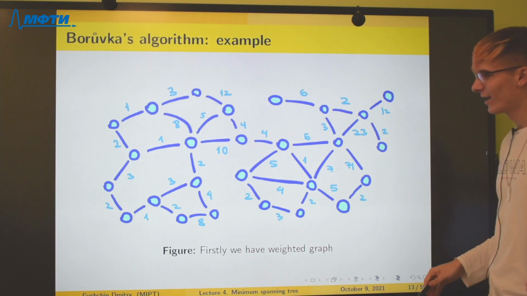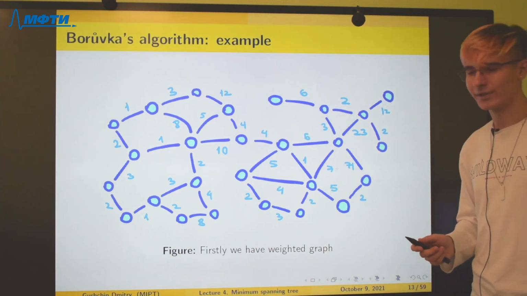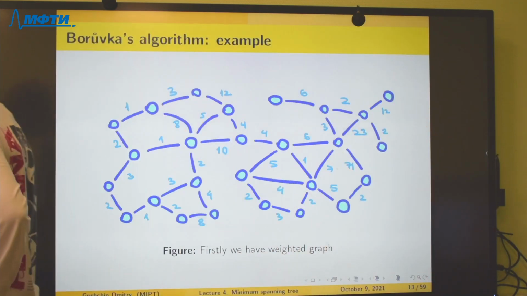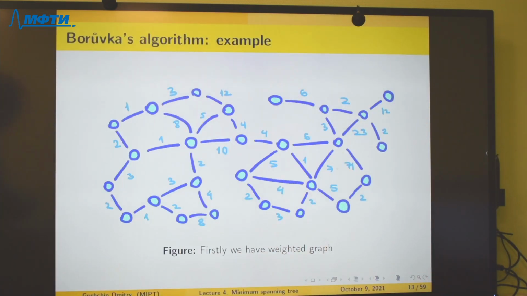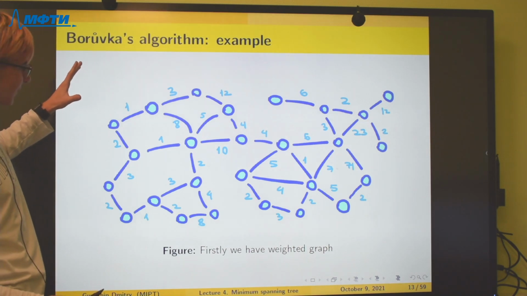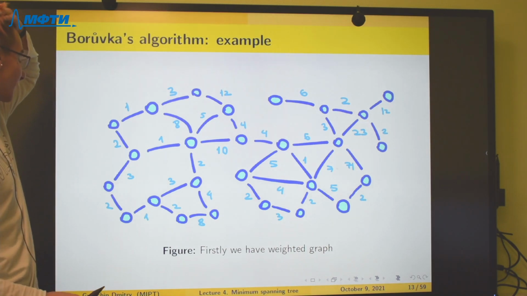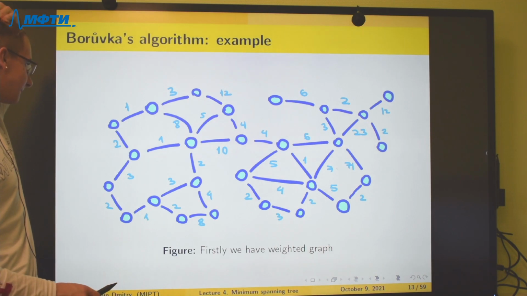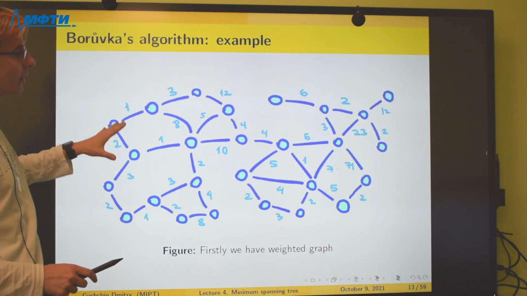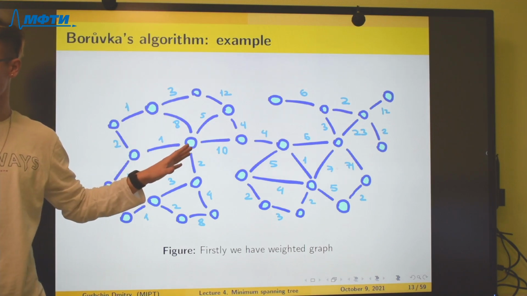I don't know. 20. Okay. I believe you. It is 26. It is 26 vertices on the slides. Okay. Then we say we have 26 components initially.